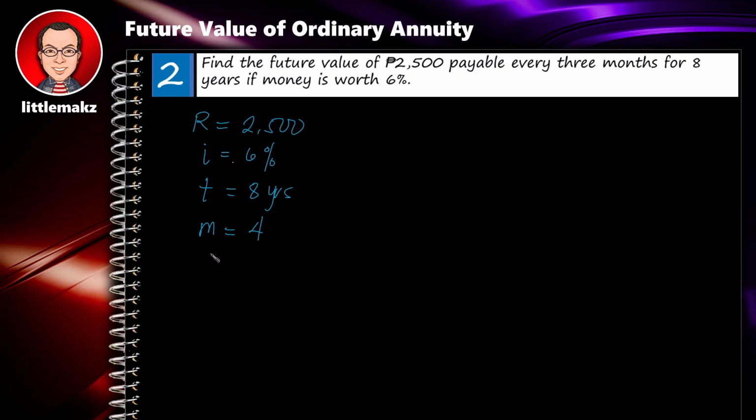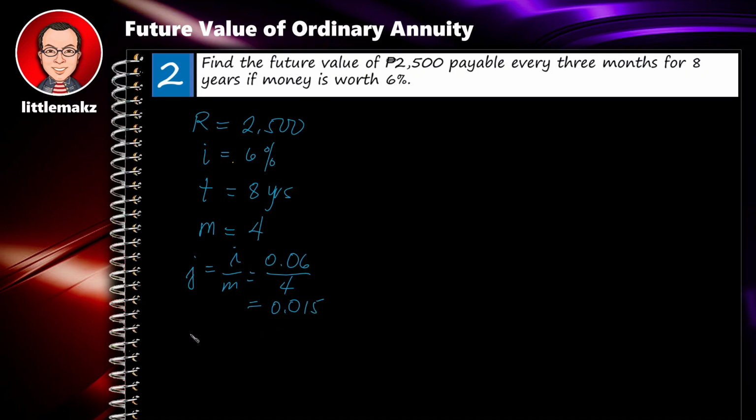And find for J, that's I over M, equal to 0.06 divided by 4, or J is equal to 1.5%, or 0.015.